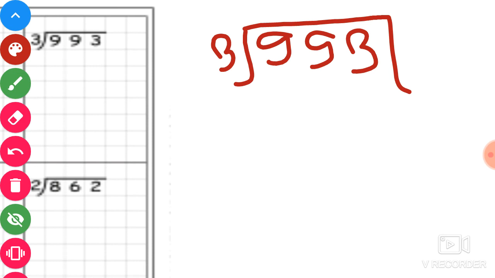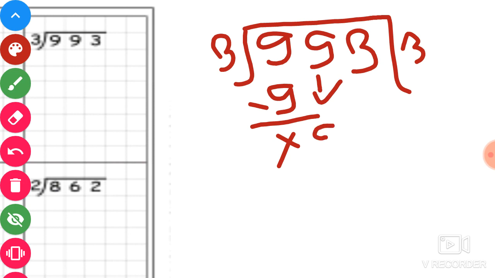Completed? Okay. So we'll start from leftmost side. We are having 9 here. So do we get 9 in 3's table? Yes, we do get. So 3 3s are 9. We'll put a cross here. Now we will carry down the next number, that is 9. Do we get 9? Yes, 3 again.